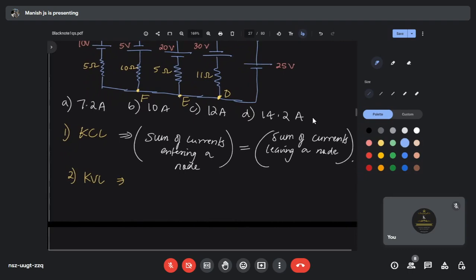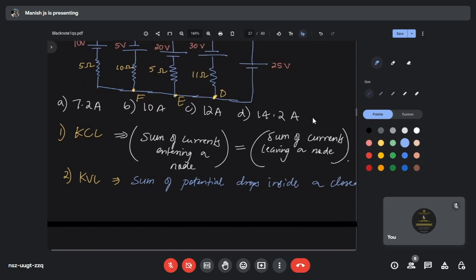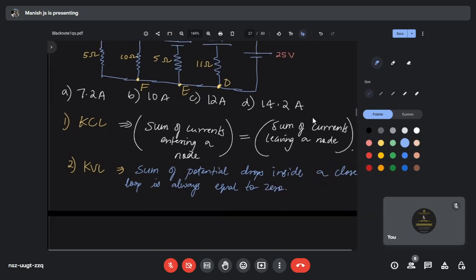According to KVL, it says the sum of potential drops inside a closed loop is always equal to 0. That is what KVL is.